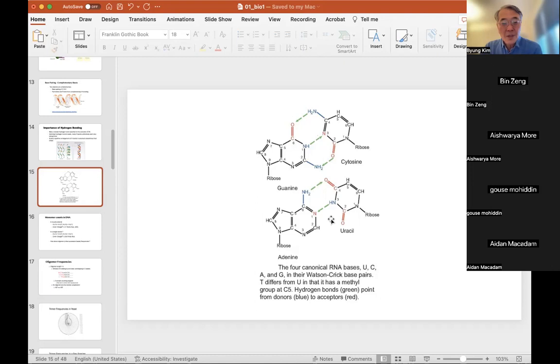And this has the significance that it's much easier to break AT bonding than CG bonding, because you have 3 of them in CG.